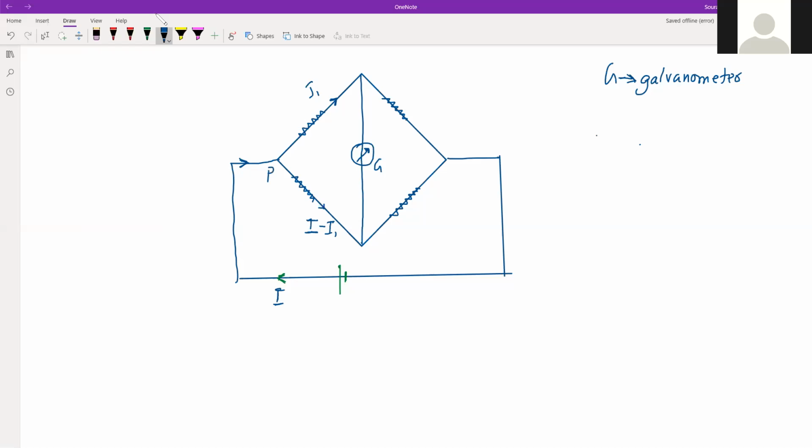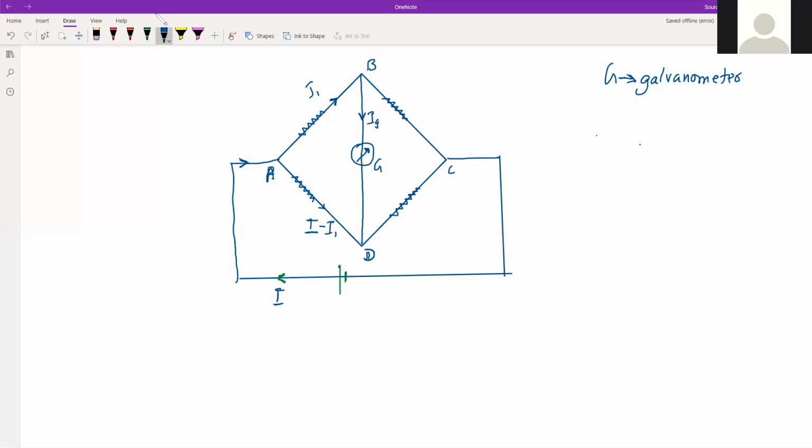So let these points be A, B, C, and D. If current in section AD is more than current in section AB, then current will flow from D to B. Otherwise, it will flow from B to D. It doesn't matter, we take any one of them as our direction of current IG.